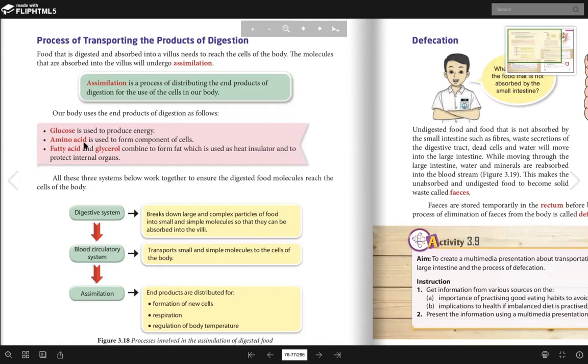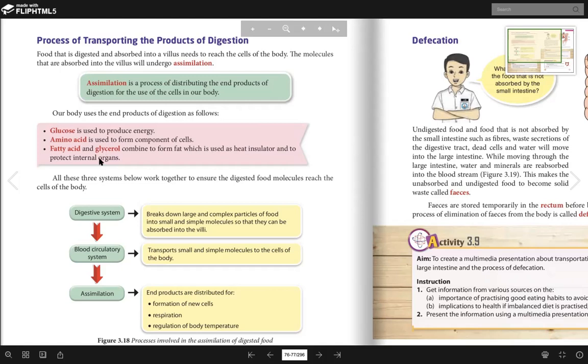Okay, and then for amino acid we gain from the protein. So protein will be used to form component of the cell. Other than that, maybe you can say protein amino acid is used to develop muscle, for growth, to build a new cell, and so on. And the last one is fatty acid and glycerol. We get them from fat.